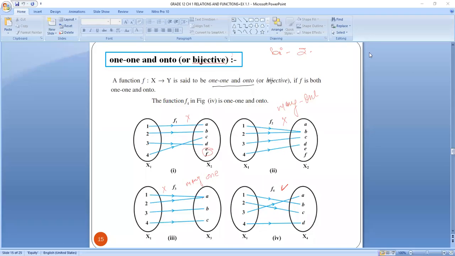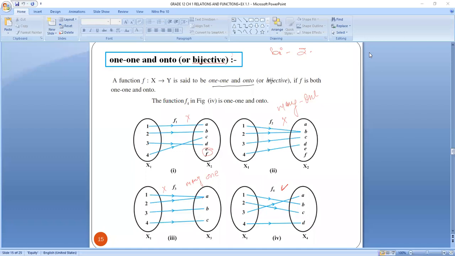So we were discussing one-one and onto functions yesterday, and today we will learn these functions with more examples, right? So we will go back. What is a one-one function?